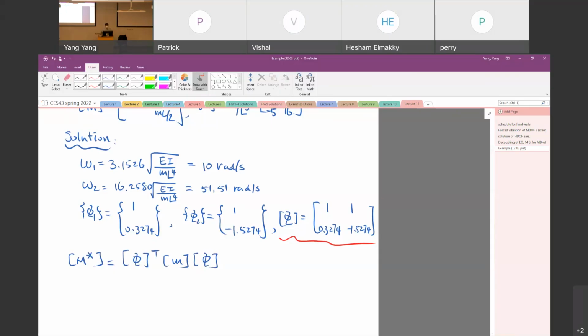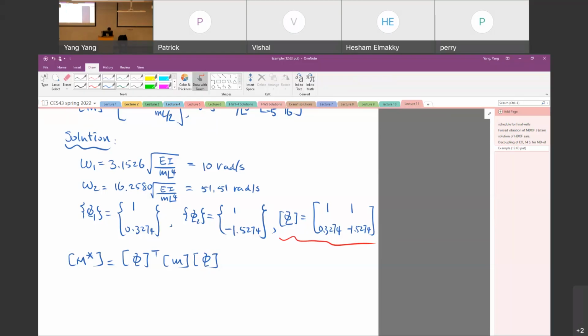Actually, you can also do this by using MATLAB directly, but here I'm just going to show you the hand calculation first.